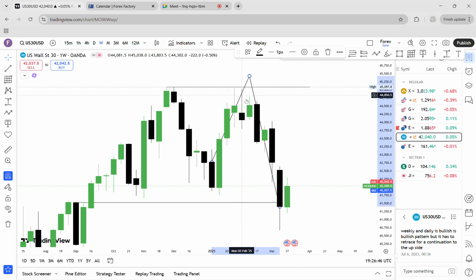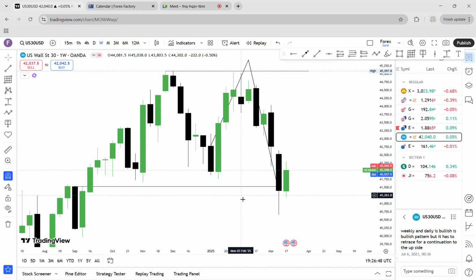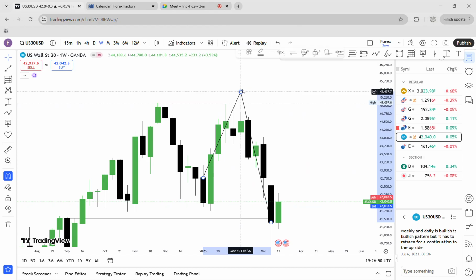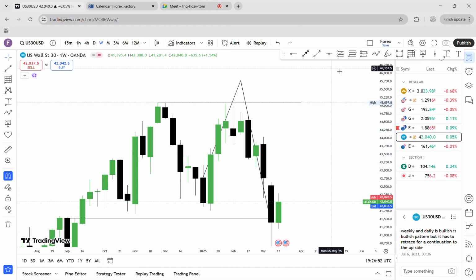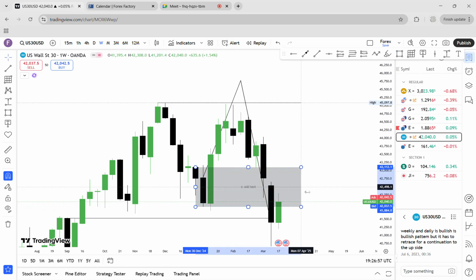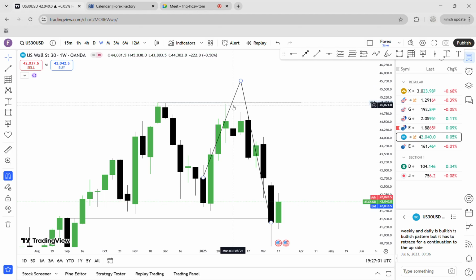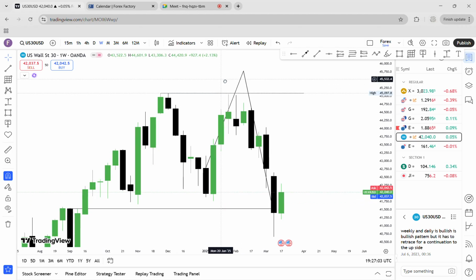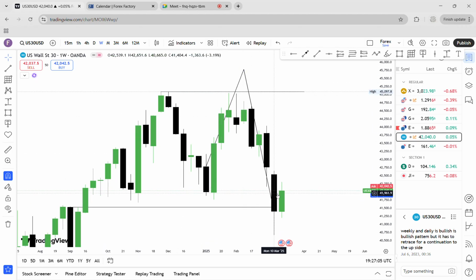We will wick the high, then you know we are coming down here. But once we close above that high, we have a new area, which will probably be this one right here. But in this case, we failed to close above this high or even wick the high. So we now turn around.